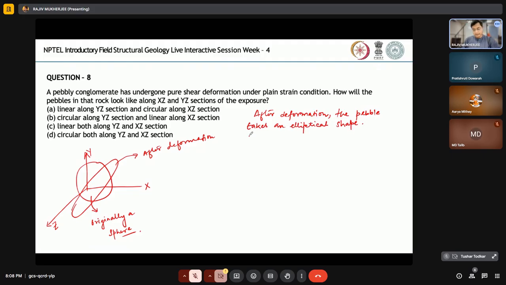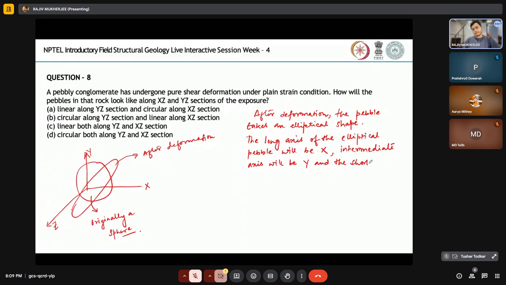So in terms of kinematic framework, the long axis of the elliptical pebble will be the x direction. Intermediate axis will be y, and the short axis will be z. Right?